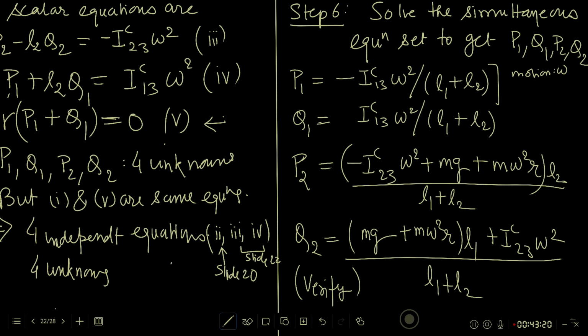Same thing goes with Q2. It has both DRFS and SRFS sitting there. This term and this term will make dynamic reaction force, whereas the one which does not have omega involving mg will become static reaction force system. So let's go and tabulate this for clarity.